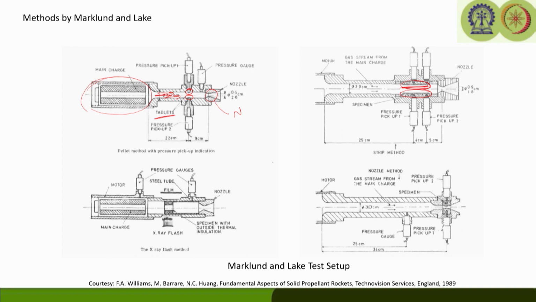Now, this is the tube connected to the chamber, and in a similar manner the pressure is varied by changing the throat area of the nozzle. In this case also, by varying the tablet thickness, one can obtain different values of burning rate as a function of the gas flow rate coming from the main chamber, or gas flow rate in the channel.